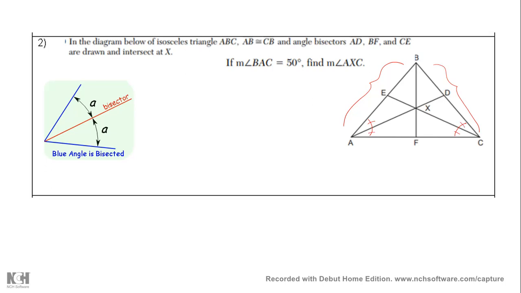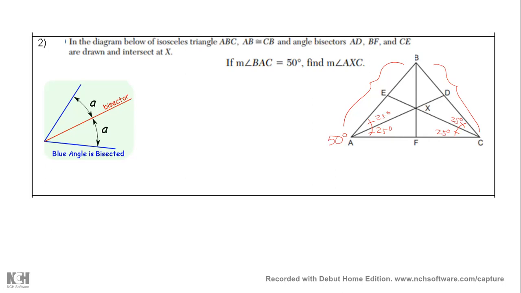Since they're equal to each other as well, all 4 angles are equal. So if angle BAC is 50 degrees, each of these is 25 degrees, because an angle bisector divides an angle into 2 congruent angles.